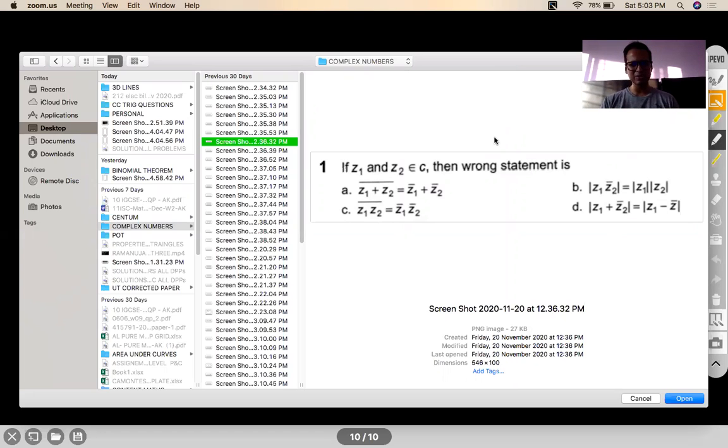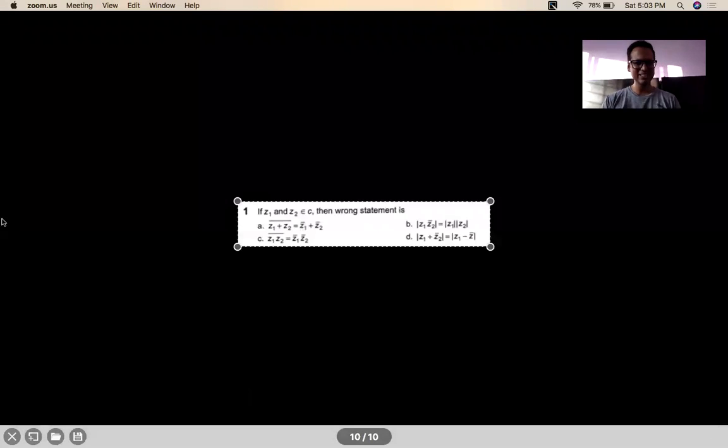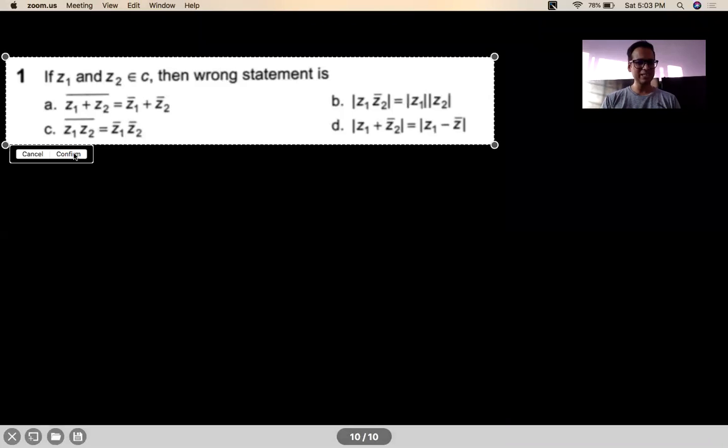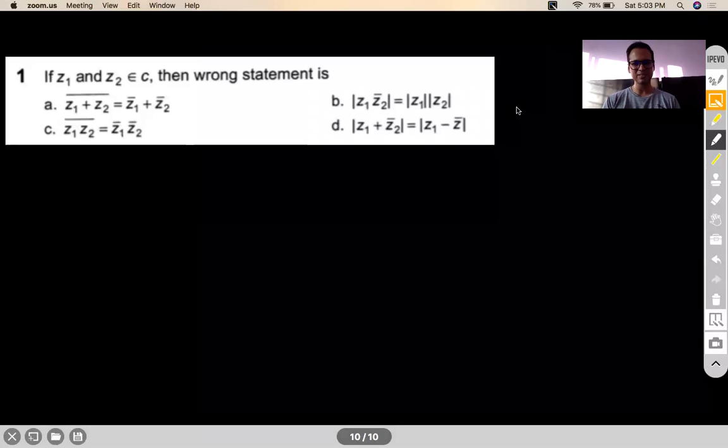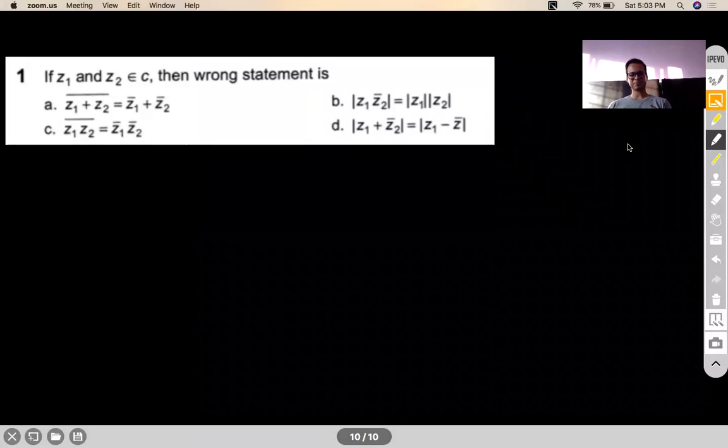Okay, so, very simple question. Which of them is a wrong statement? Which of them is a wrong statement? I'm putting the poll on. Very easy.